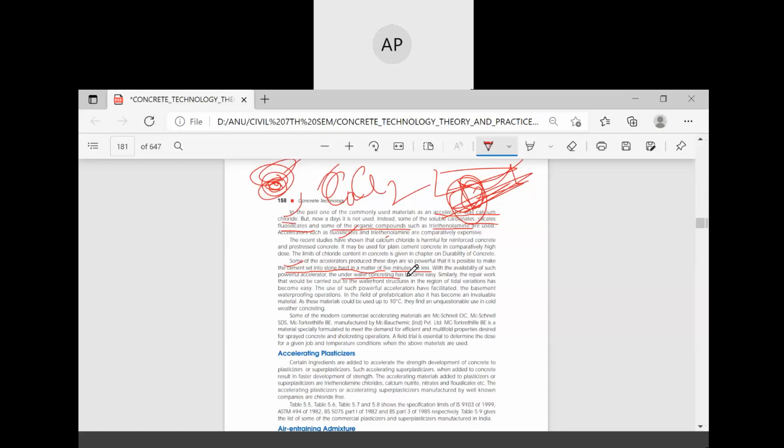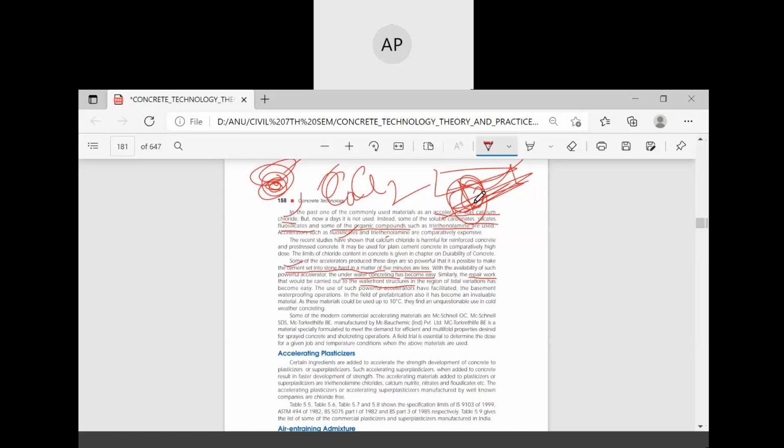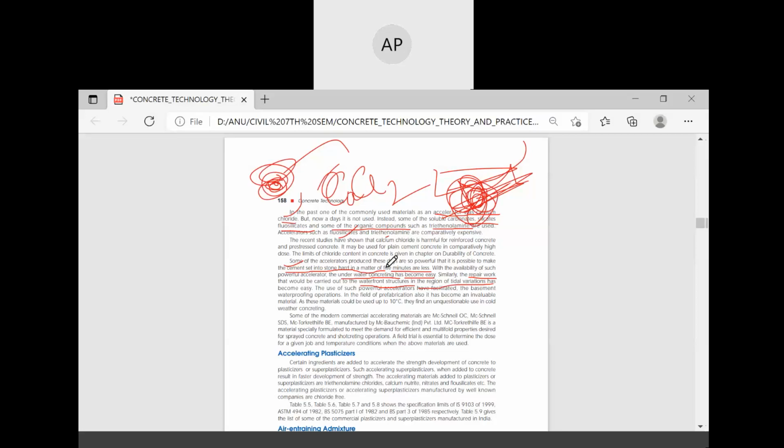Similarly, repair work can be carried out on waterfront structures, so in waterfront structures we use accelerating agents. Work in the region of tidal variation has become easy.